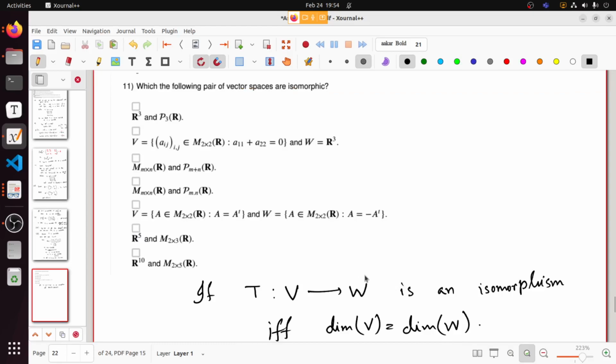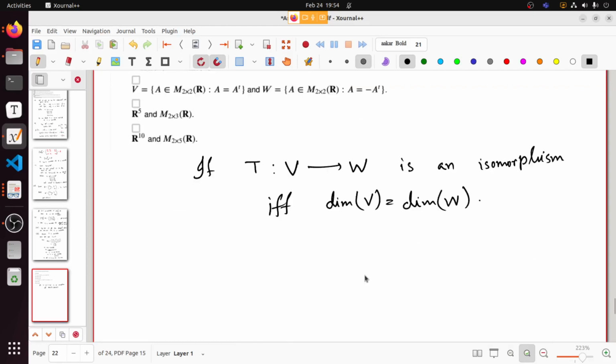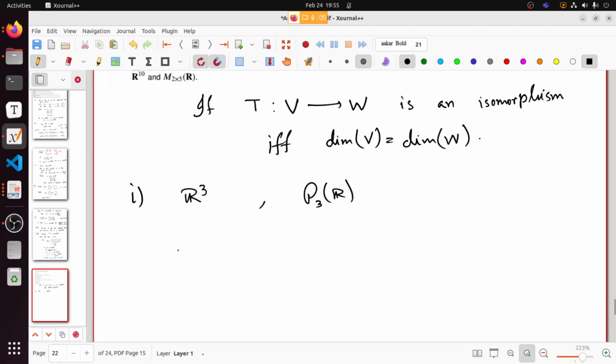So let's come to option number 1: R3 and P3R. What is the dimension of R3? It is 3. And what will be the dimension of P3R? It is 4.